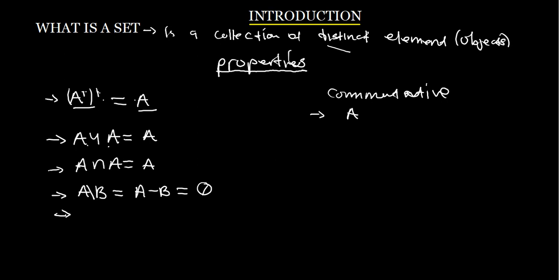A union B, this should be equal to B union A. It's just the arrangement which matters. If I give you again A intersection B, this is same as B intersection A. That's the commutative thing.